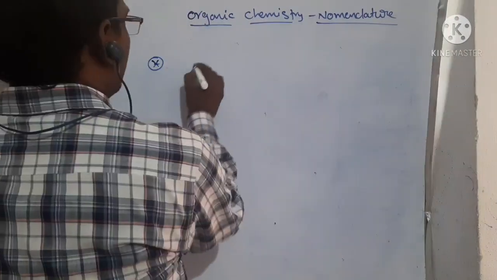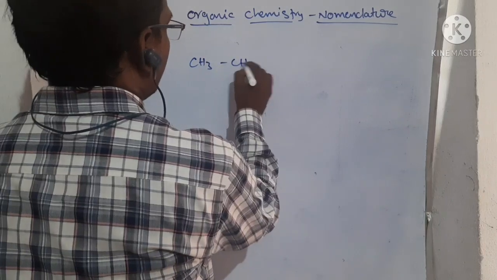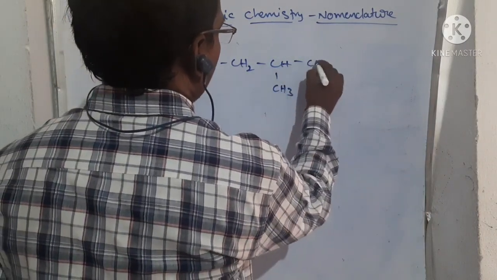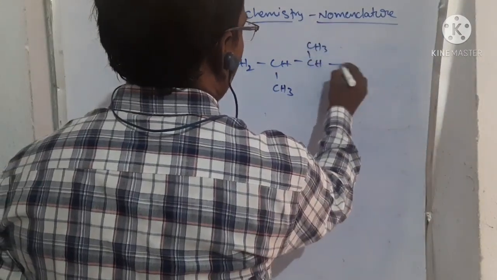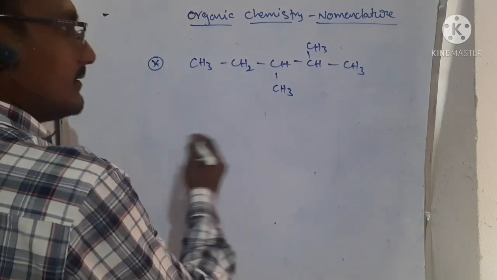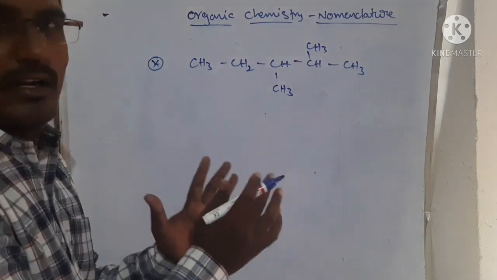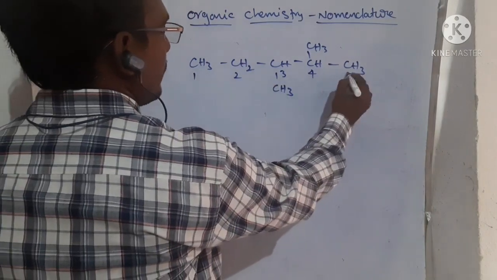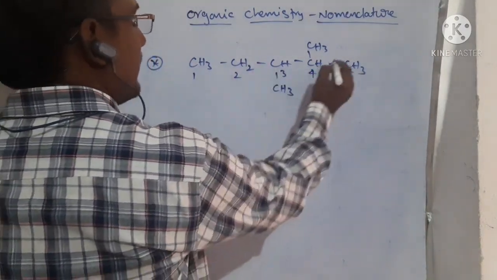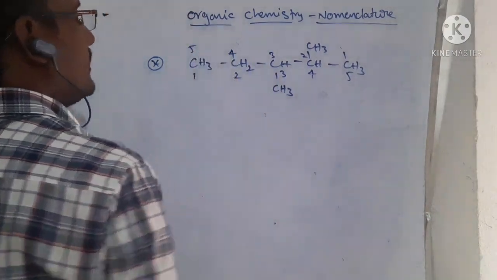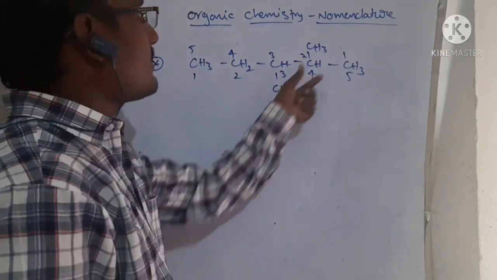See another example. CH3 bond, CH2 bond, CH bond, CH3 bond, CH bond, CH3 bond, CH. Right? First one, you should select the longest carbon chain. 1, 2, 3, 4, 5. Then that side, 1, 2, 3, 4, 5. So here two substituents are there.